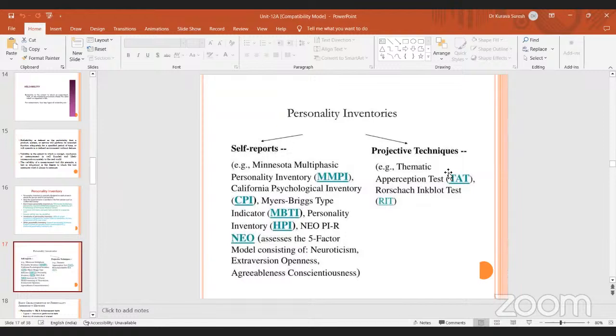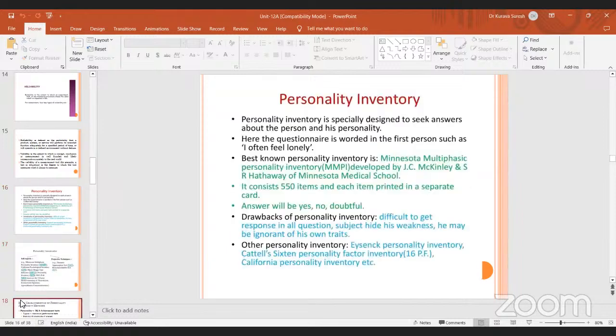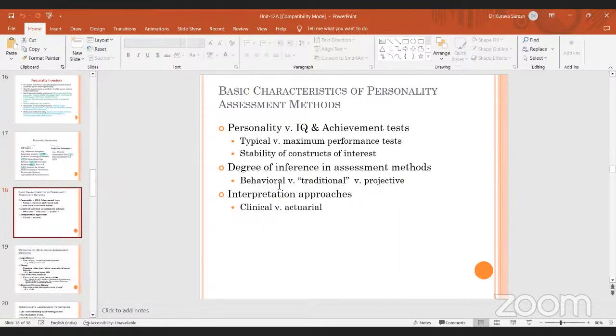Projective techniques, these dramatic approaches test creativity: Rorschach, flag test. Each test in detail, basics of characteristics of personality assessment. Personality with the IQ of achievement test is typically a maximum performance test. The table consists of interest and degree of influences.